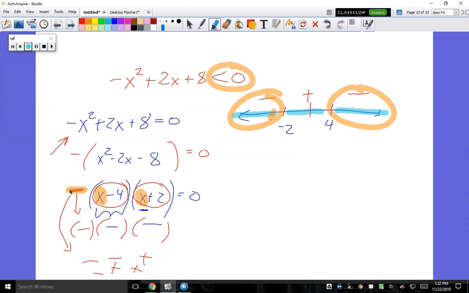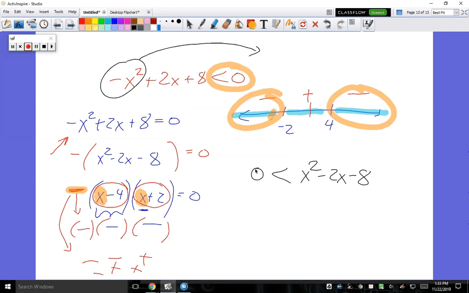So at the original problem, some people, like I am, will see this and they'll move everything to the right side, so that they'll see x squared minus 2x minus 8 is greater than 0. And it's basically saying, when is it positive? You see what I'm saying?